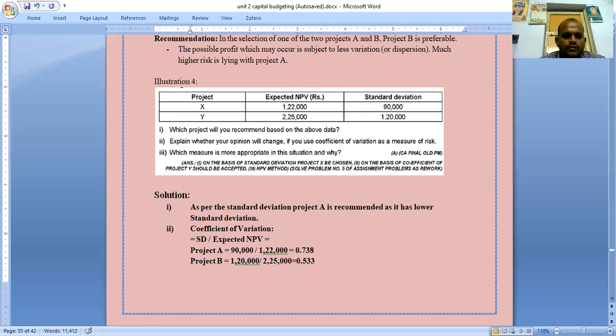So on the basis of coefficient of variation, project X appears to be more risky and project Y should be accepted.